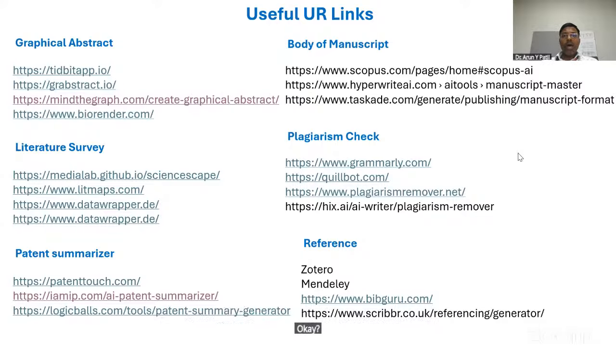Now I am sharing some interesting and useful URL links which can help you realize the complete literature survey. Starting from the graphical abstract, because for every manuscript, you have to build a graphical abstract. Prestigious journals will always prefer to have a graphical abstract.